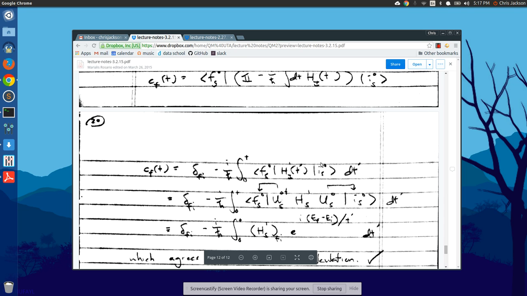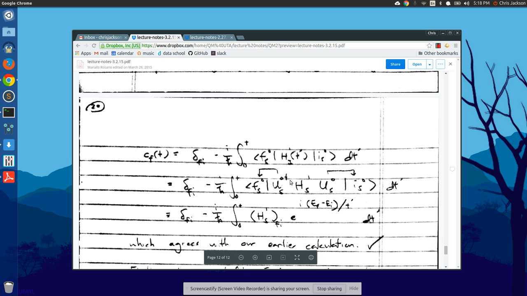But I want to show that it's equivalent to what we did before. So I'm going to take our H_I, the interaction picture Hamiltonian, and express it in terms of the Schrodinger picture. I have my Schrodinger picture Hamiltonian and my two time evolution operators in the Schrodinger picture.